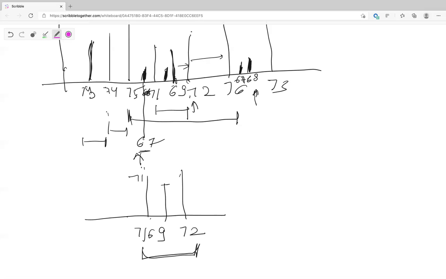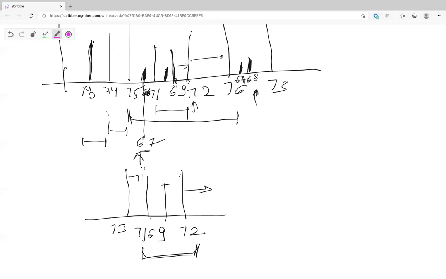And let's say you had 73. You have no idea what is coming before. But for 73, what will be useful? 71 is not useful, 69 is not useful, 72 is not useful. Nothing is useful, so zero. So what after 72 will be useful?